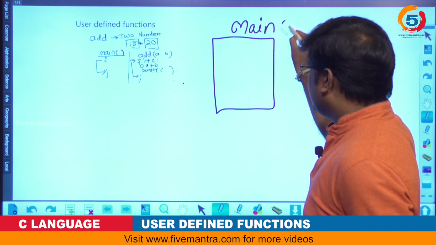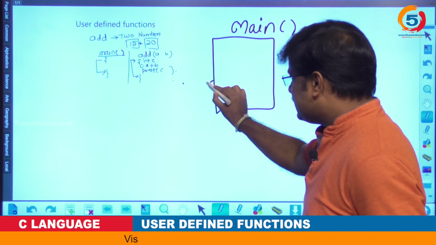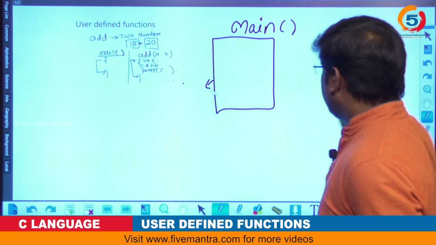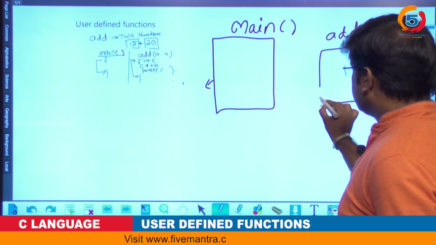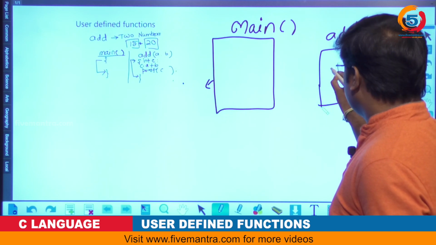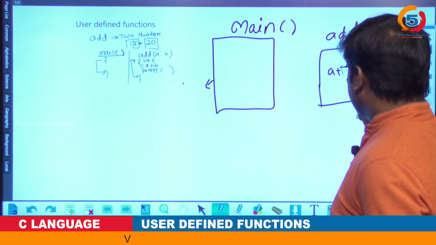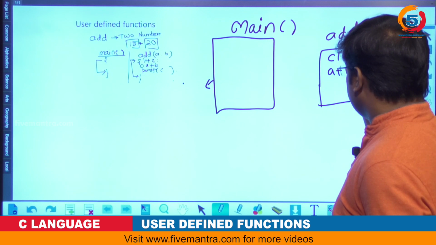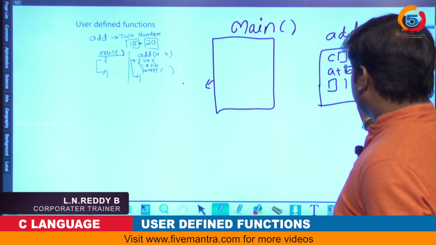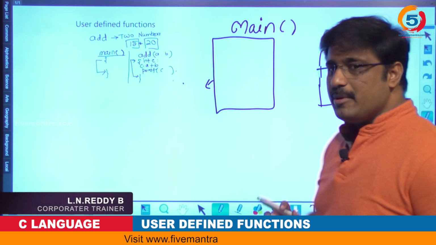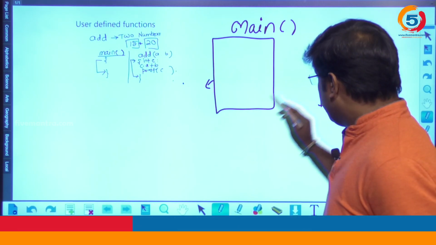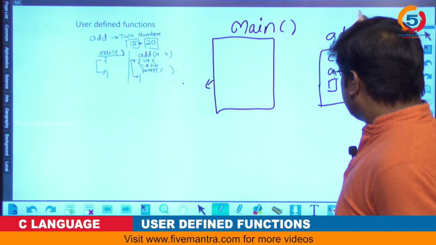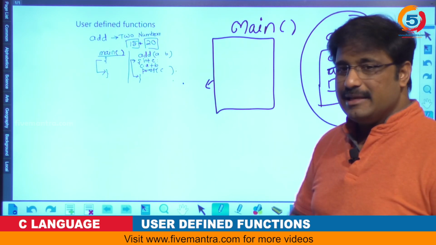This memory is required for my add function also. For the add function also one memory block is required, and in that I can do a plus b and c, like three variables are needed for this, right? These are the three memory blocks required. Each block needs 2 bytes of memory.